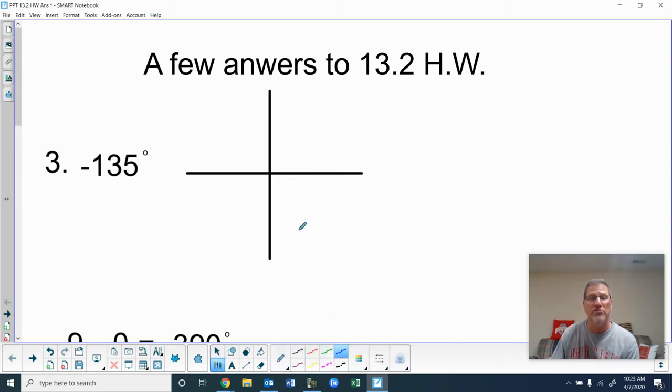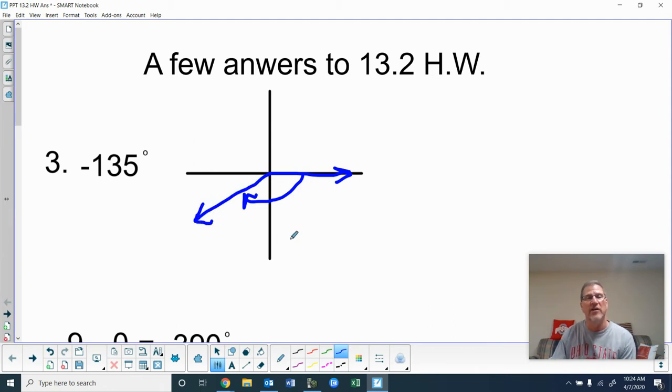So our initial side always starts at the origin and on the x-axis. So this is our initial side. And then our terminal side rotates around, and negative 135 is going to go down this way, negative 90 and into about right there. So you make your little arrow and you draw your terminal side with your arrow.